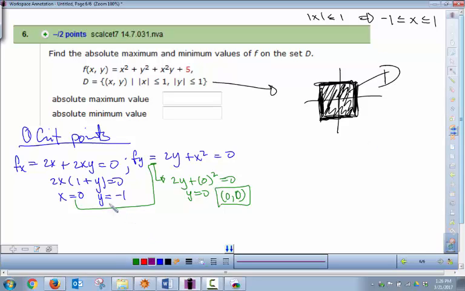Now let's try to put y is equal to 1. Put 2, negative 1 in for y plus x squared is equal to 0, and let's solve for x. X squared is equal to positive 2, and so we got x is equal to plus or minus square root of 2.